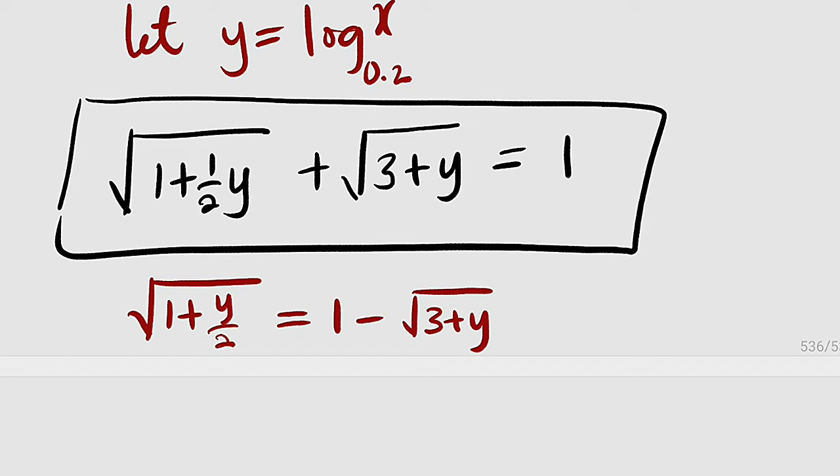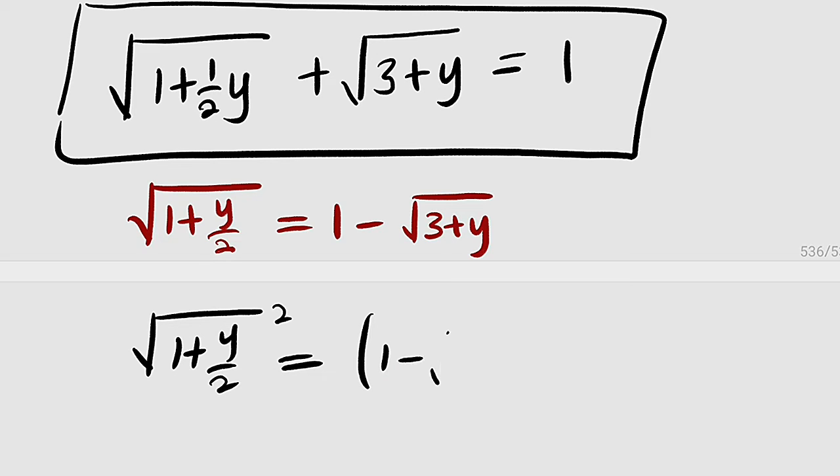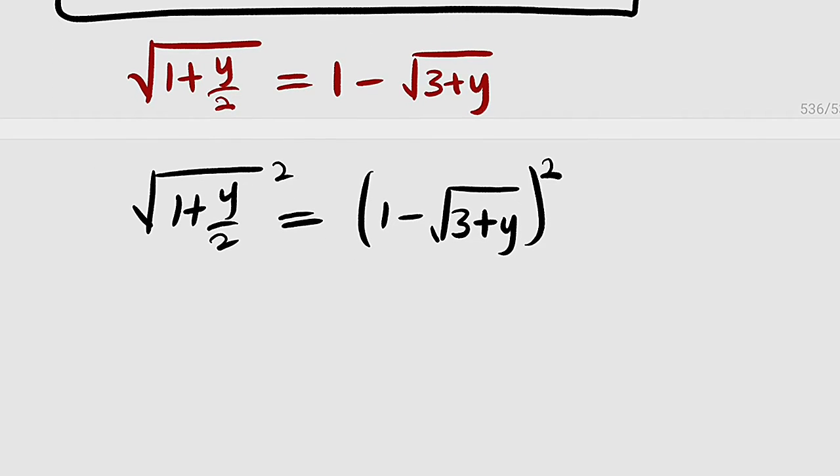Now let us square both sides. We have the square root of 1 plus y divided by 2 all squared, equal to 1 minus the square root of 3 plus y all squared. The left hand side, power of 2 will eliminate the square root, leaving 1 plus y divided by 2.